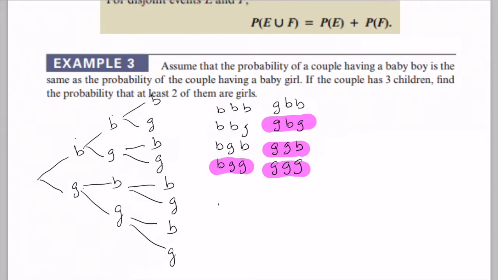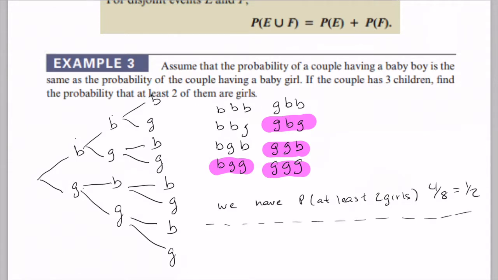So we have that P(at least 2 girls) is 4 out of 8, which equals 1/2.